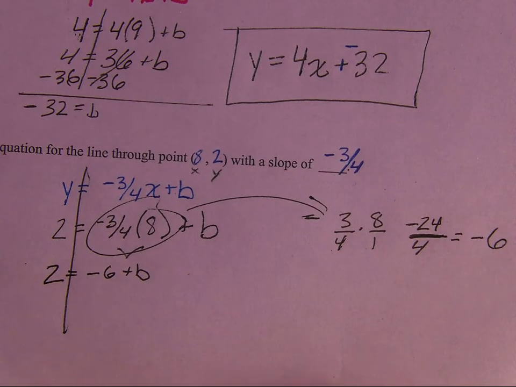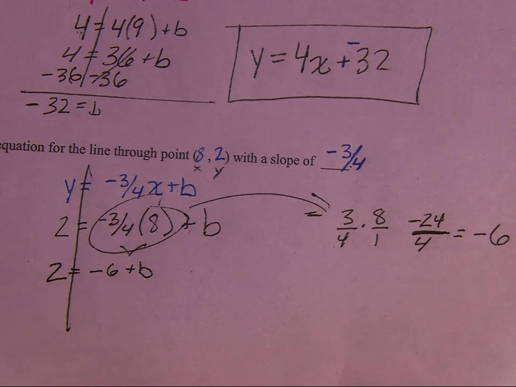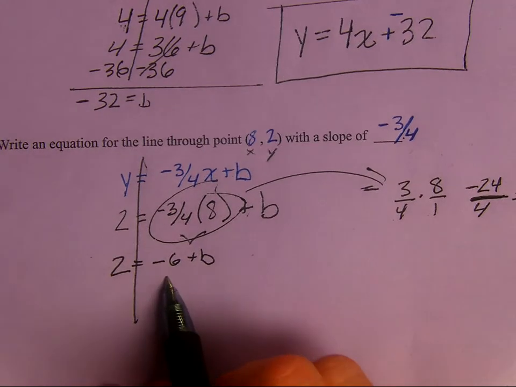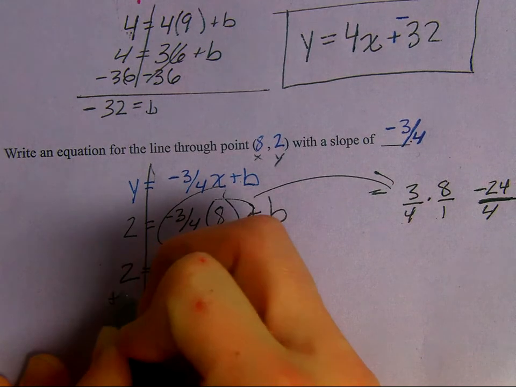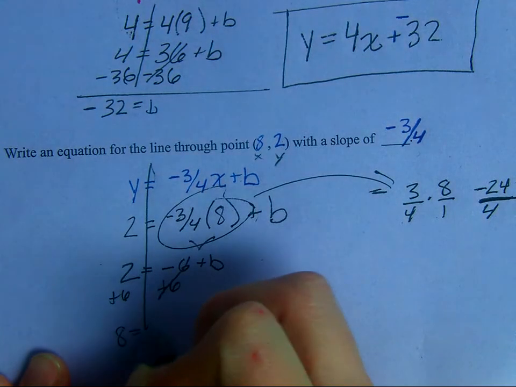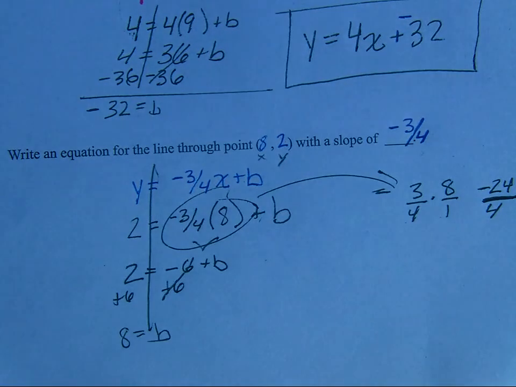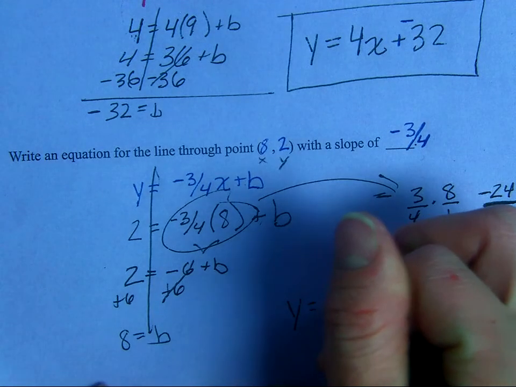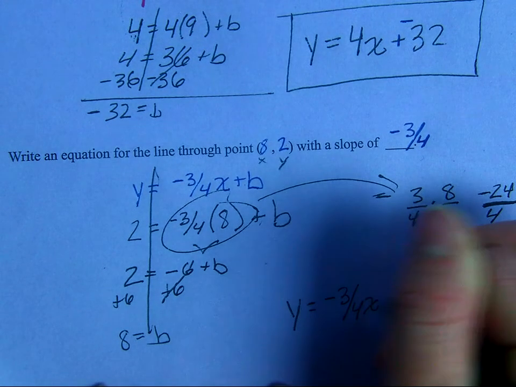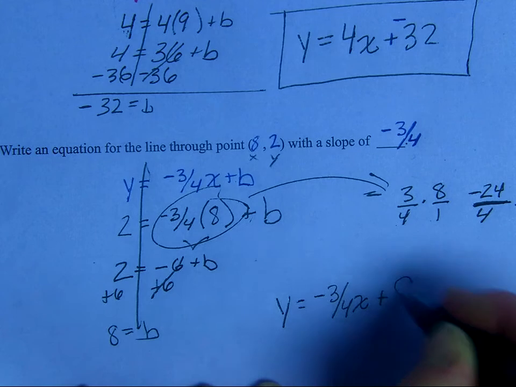So same way whether you do it kind of mentally or if you use that calculator. So then I need to cancel out this -6 to find out what b equals. So I'm going to add it to both sides to find out that b is 8. So our equation is y equals -3/4 x plus 8.